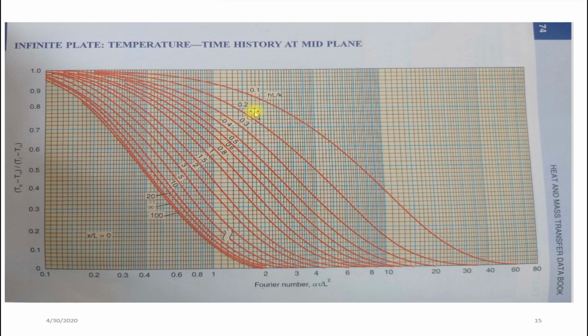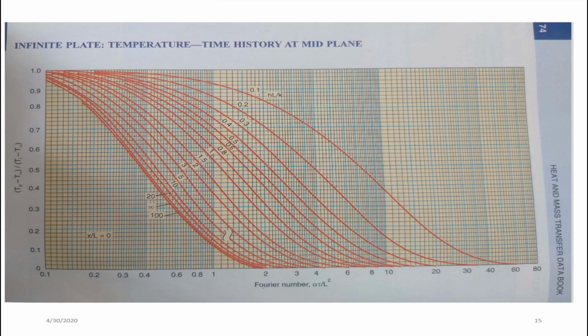The Fourier number is between 3 and 4, somewhere here at 3.4. You have to approximate. Somewhere here we will get the point, between 0.1 and 0.2, near 0.165. So you can approximate the value as 0.6. So T0 minus T infinity divided by Ti minus T infinity is 0.6.